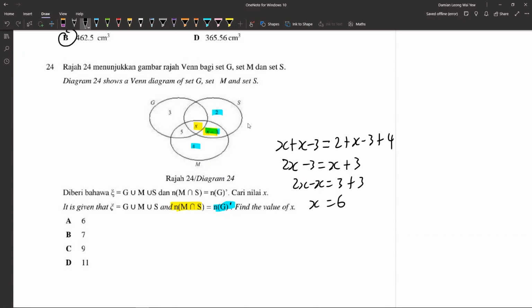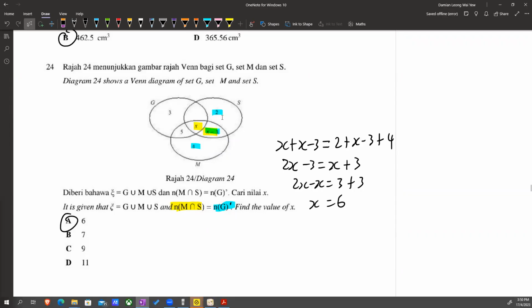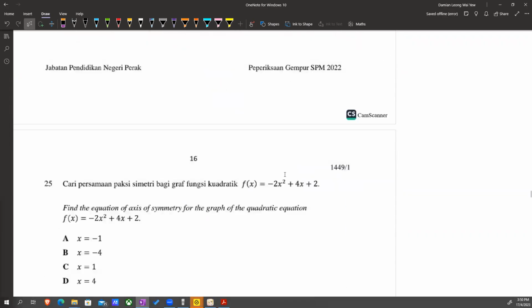X is 6. Answer A. That's it. Yeah. Just need to be able to see where the intersection part is, where they overlap, where the complement is, where it's completely outside.